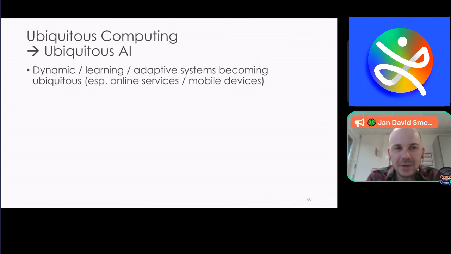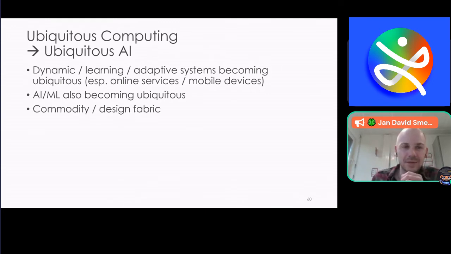And yeah, basically, what I want to point out is that we had this development of computing becoming ubiquitous, and we now have a development of machine learning and AI systems as a specific type of computing system becoming ubiquitous. And this means that systems that are much more dynamic than what we're used to, that are potentially learning, that are potentially quite adaptive, are becoming widely available, in particular as online services and mobile apps.